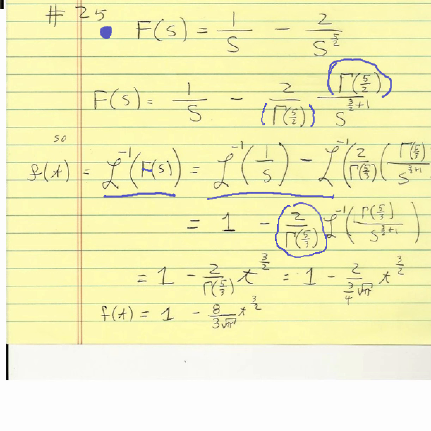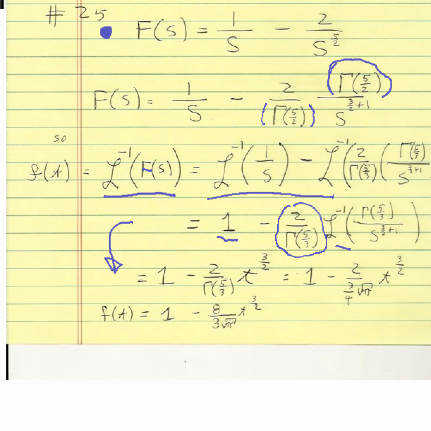And then from here to here, I'm simply looking at the chart, realizing that the inverse Laplace transform of 1 over s is 1, okay? And the inverse Laplace transform of gamma of 5/2 divided by s to the 3/2 plus 1 is given by the following. It's just t raised to the 3/2.